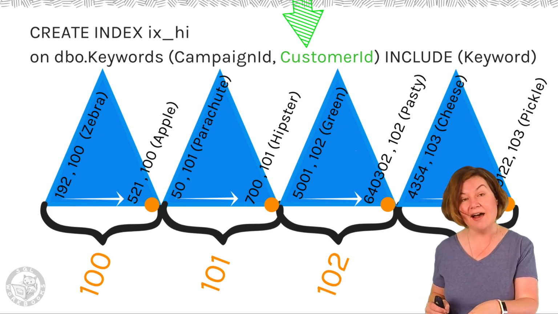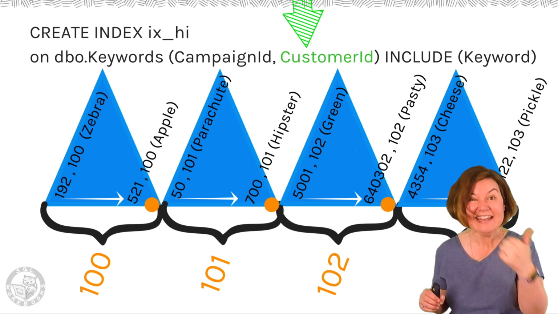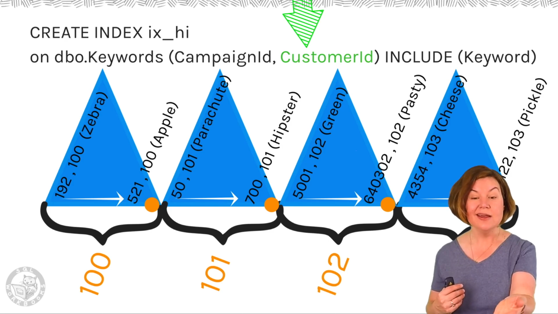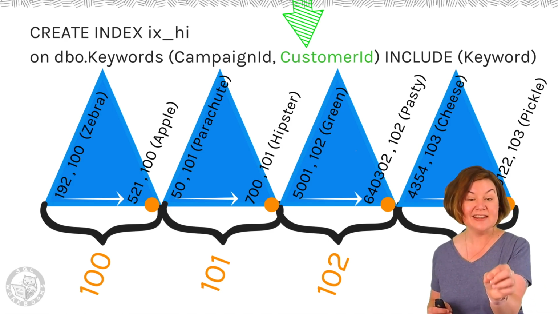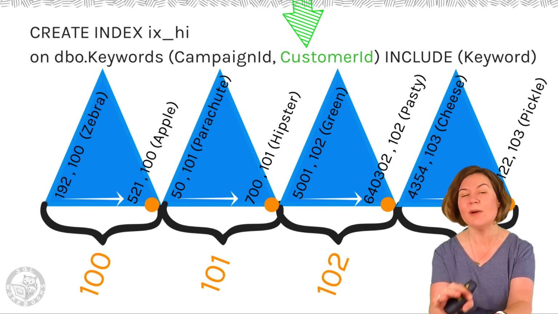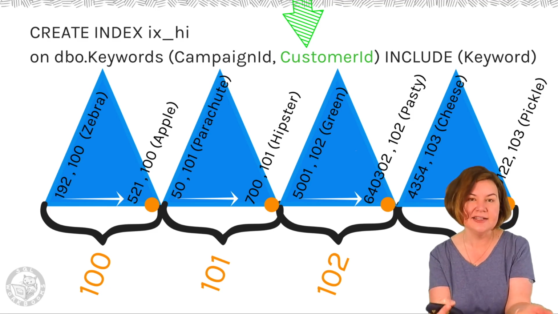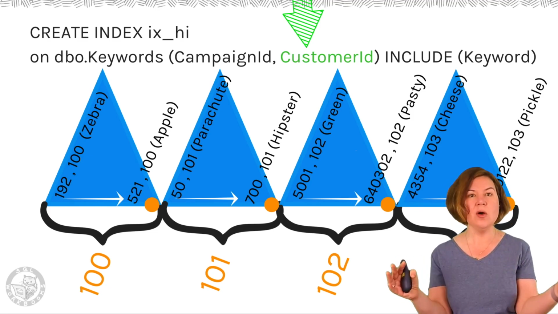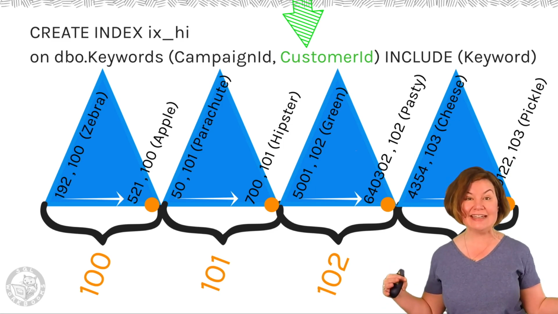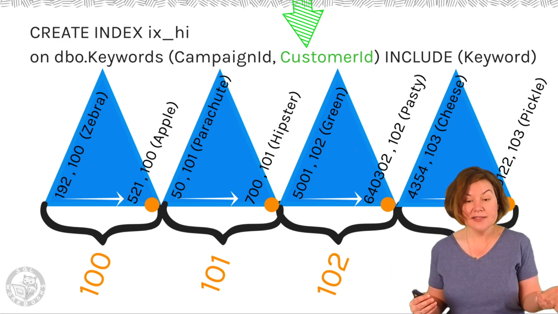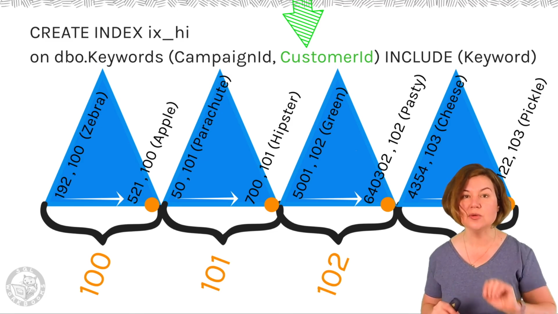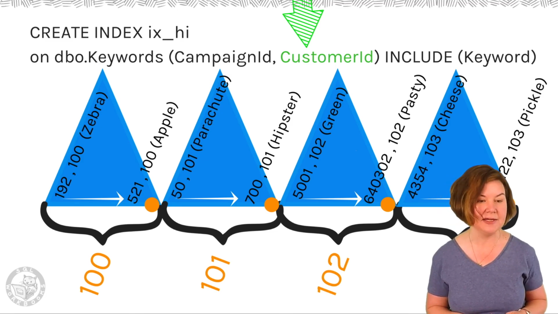I've got to have the partitioning key in the key of your index. So if I wanted to create a unique index on campaign ID, which by the way doesn't make any sense in this table, but say I had a table where it did, it would be like, oh no, I can't do that as a partitioned index because I have to have customer ID in there. I'd have to do a special workaround, which we'll talk about in a minute.